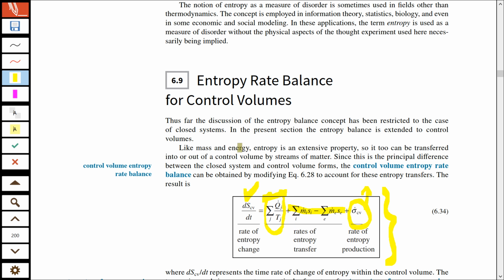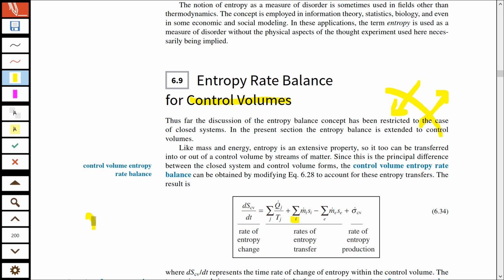And now because the system is now open, that's why you use the term control volume. So at the boundary, you will have mass transfers as well, in and out. At every inlet i, you will have some mass transfer.